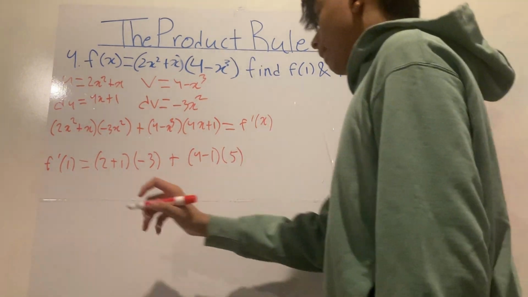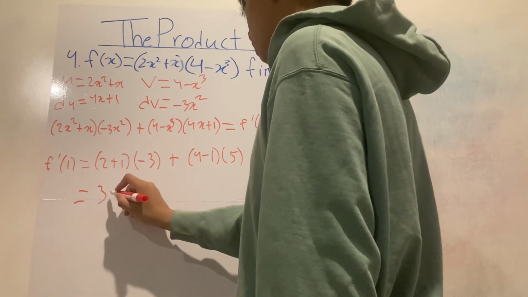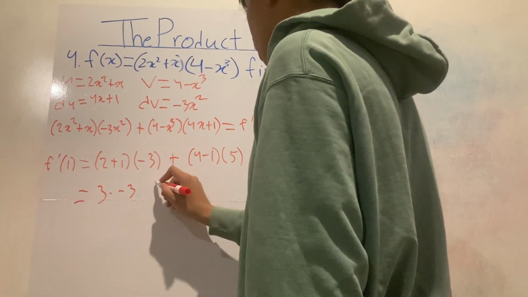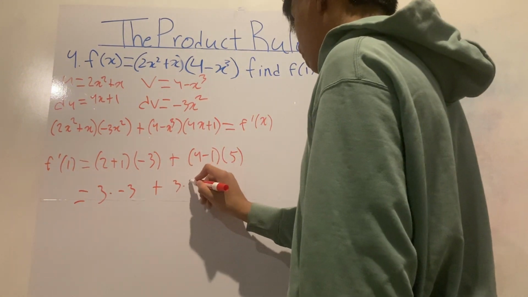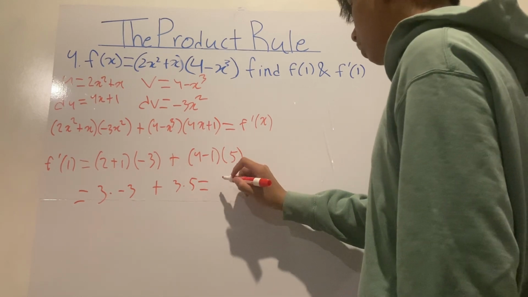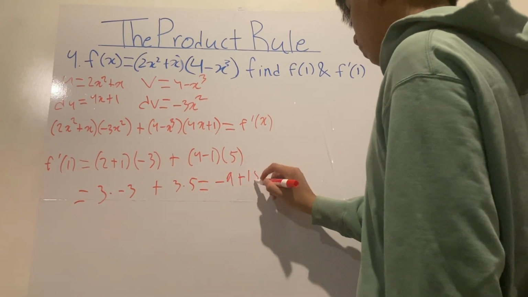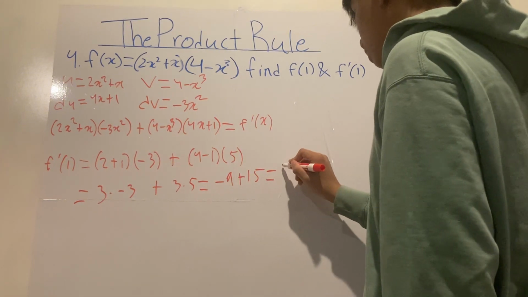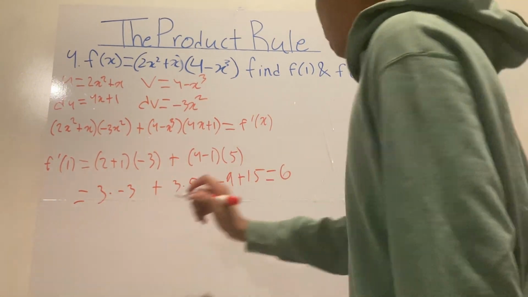And now, if we just evaluate this, we should just get 3 times negative 3 plus 3 times 5, which is 15. So this is going to equal negative 9 plus 15, which just equals 6.